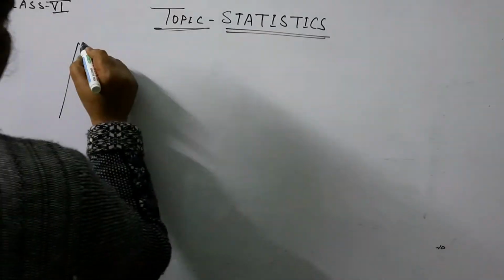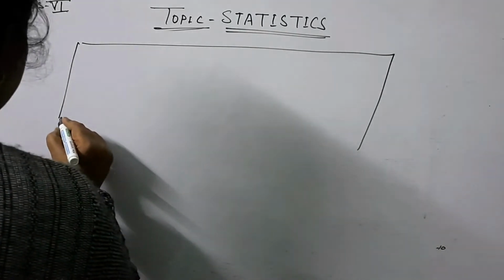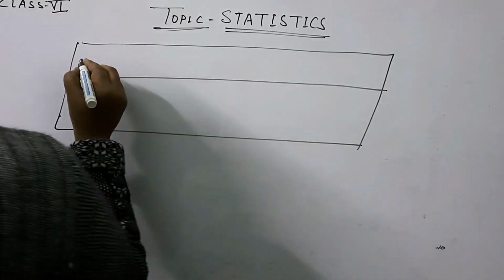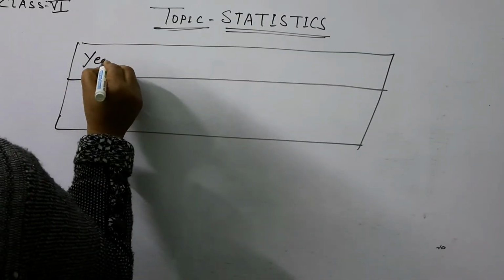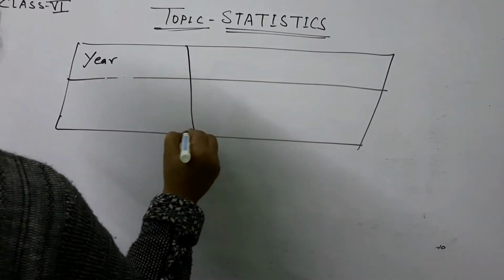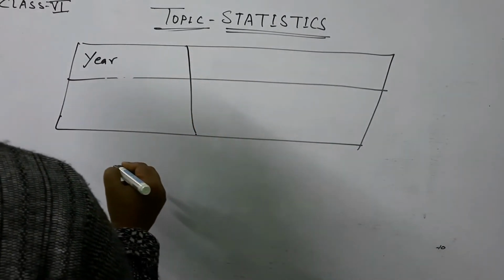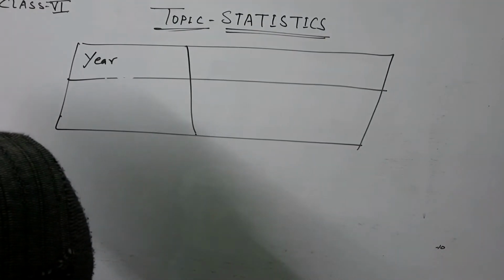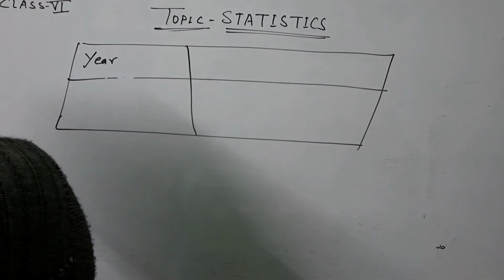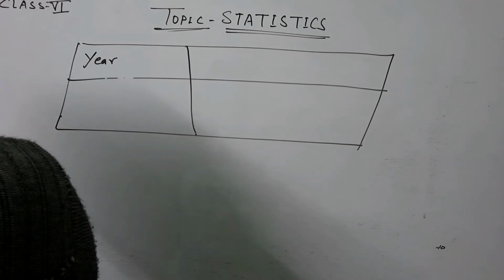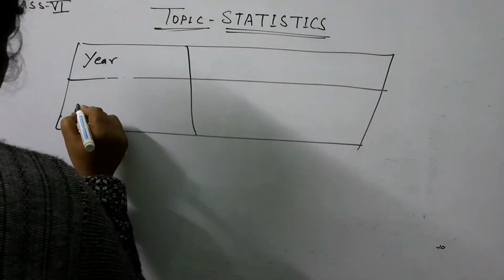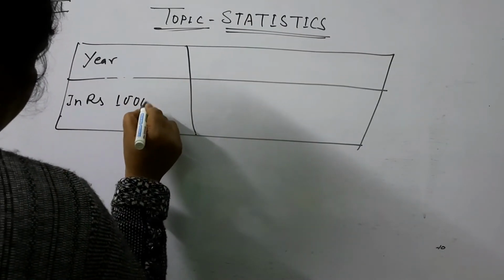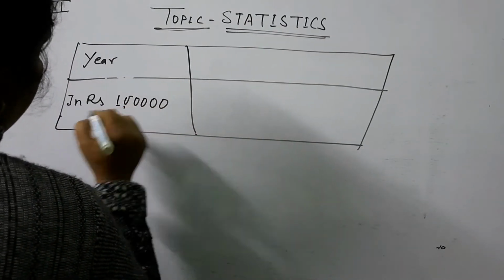Now see here. In the first box, year is given. Now yearly income. The yearly income is given in rupees, it is in lakhs.